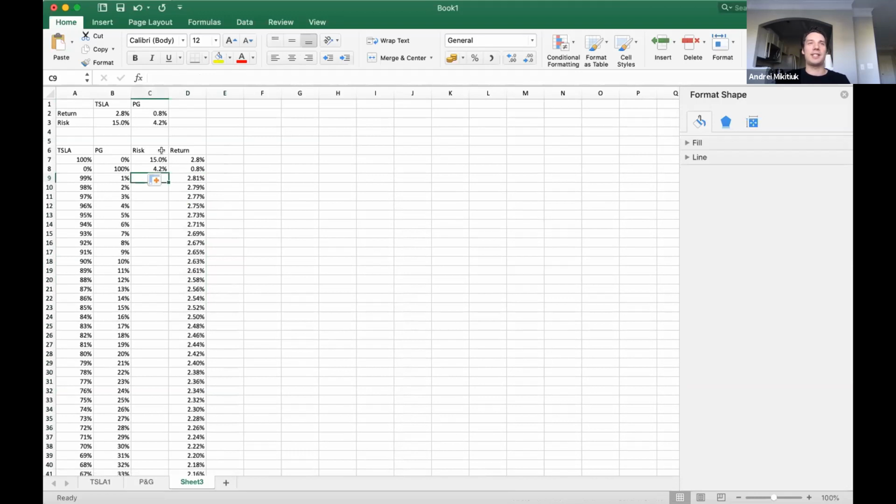So the funny part starts with risk, because risk is not a weighted average. We know that when we're adding stocks together, the combined risk is not a weighted average of the two risks, but instead it is lower than that.